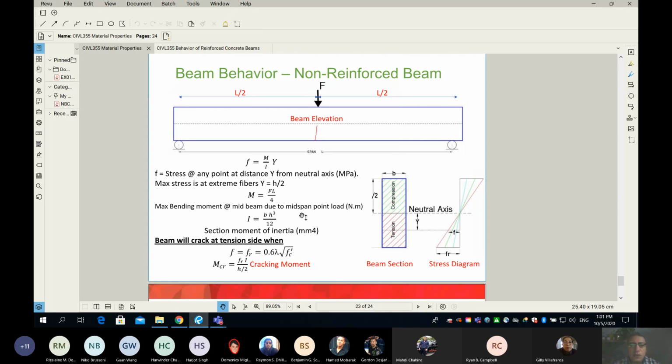However, once you start adding more force, this will develop more bending moment in your beam. And when the bending moment increases, the stress in the beam will increase. You guys remember, I think that's what we covered last class.